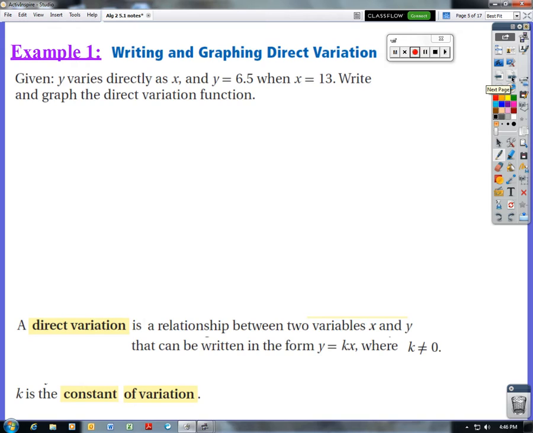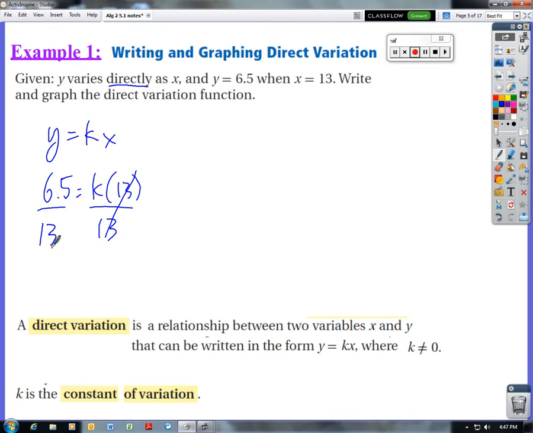So go ahead and try this one on your own. Hopefully you did that. So we have direct variation again. Y varies directly as x, so we use this formula. And then it gives us y equals 6.5 when x equals 13. So we solve for k by dividing both sides by 13.